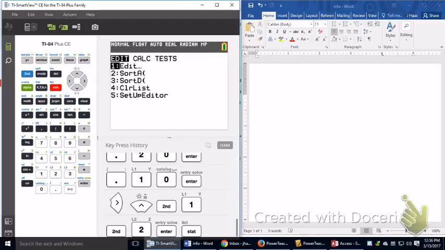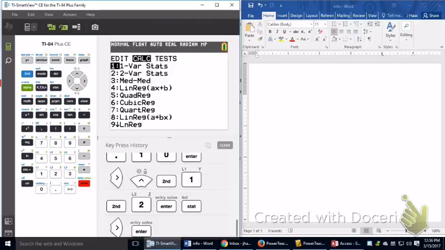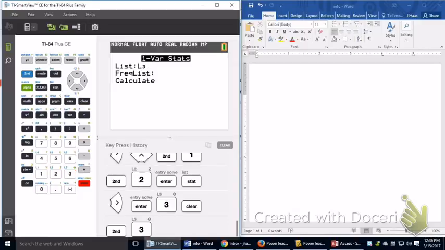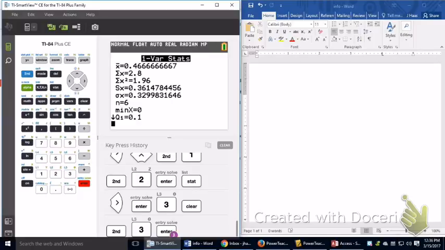Then I can do stat, calculate 1-Var Stats on list 3, second number 3. And that's going to give me, I'm looking at the sum, so that gives me a value of 2.8. So that 2.8 you have there would be the mean of this random variable.